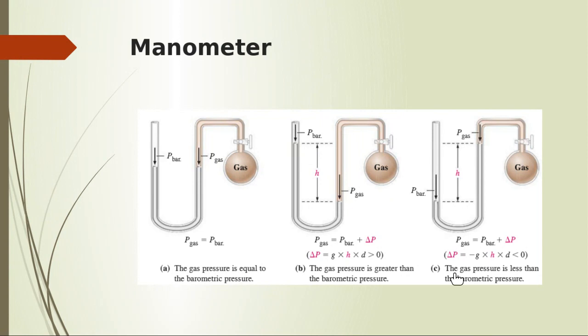And the third one, the C: if delta P, the difference between the pressures, is lower than zero, that means the gas pressure is less than the barometric pressure. Don't forget these pictures. For the A, equal; for the B, the gas pressure is greater; and for the C, the gas pressure is less than the barometric pressure.